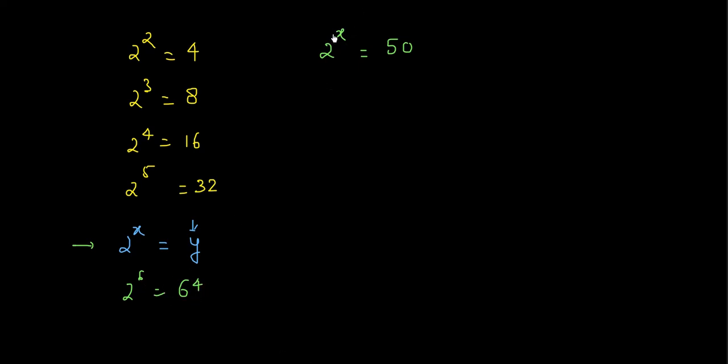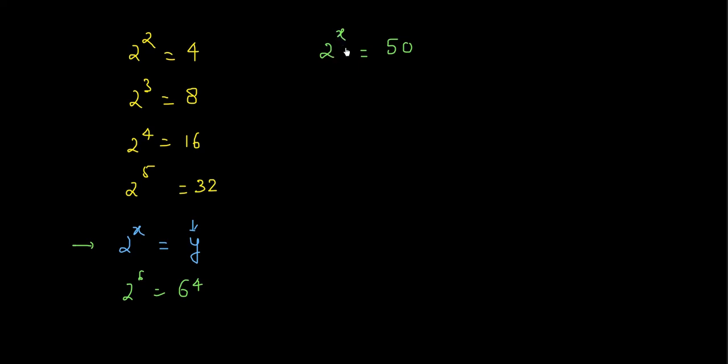That means this x has to be between 5 and 6. Since the exponent is between 5 and 6, I cannot find an integer value of this x. This x has to be in decimal or in fraction form.